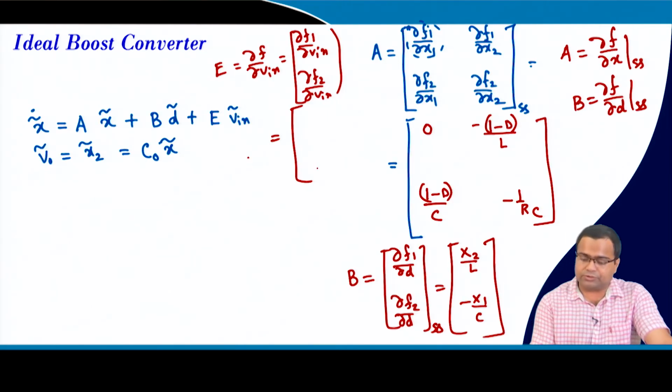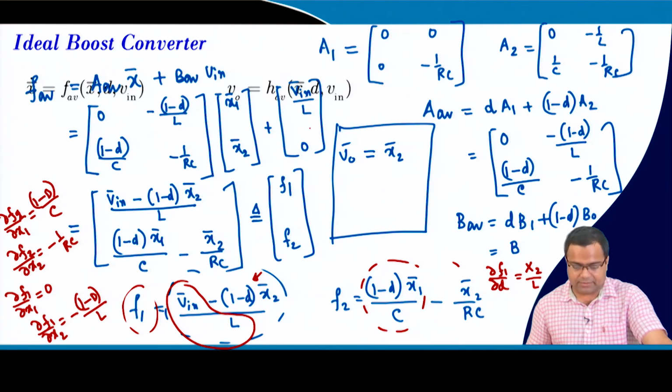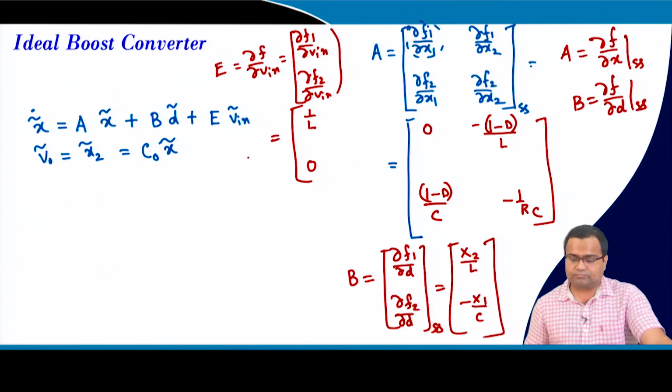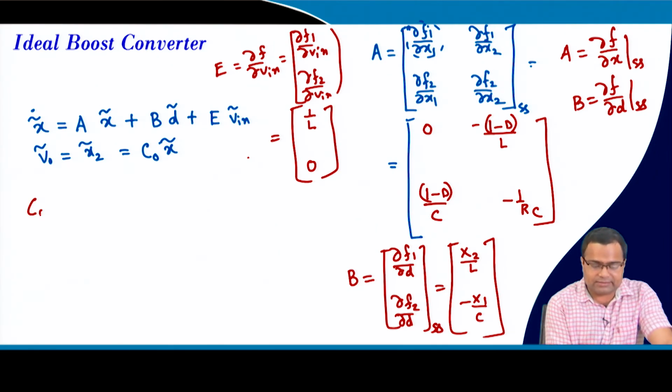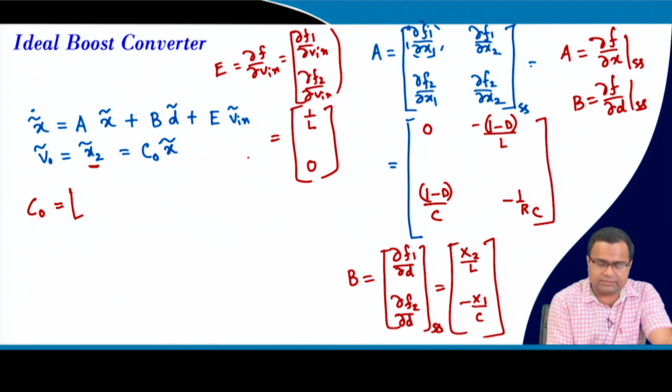So, this will be straight 0, and this is straight 1 by L, right. So, you got the E matrix. What is the C0 matrix? Yeah, it is very simple, because here it is 0 1, that is it.